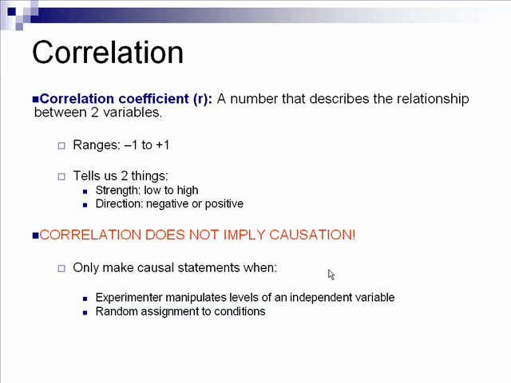And let me say that again because I kind of stumbled on that. Positive direction simply means as the values of one variable are increasing, the values of the other variable are also increasing. For a negative relationship, what that means is as the values of one variable are increasing, the values of the other variable are decreasing, and vice versa. So they're going in opposite directions when you have a negative relationship.